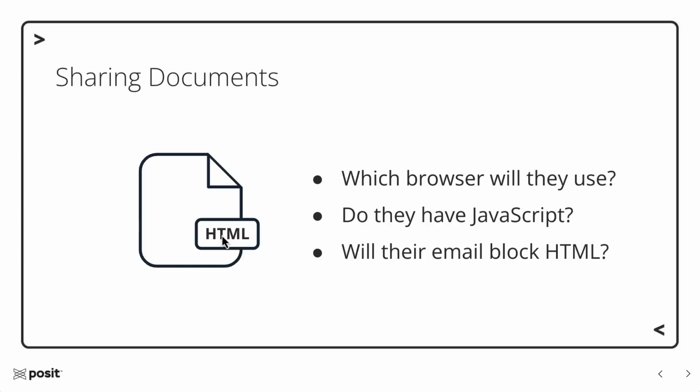Now, for a lot of these HTML formats, they require some system dependencies, such as JavaScript. So if they go to open an HTML document and they don't have JavaScript installed, will it render appropriately? We don't know. Also, if you go to try to email an HTML document to somebody, a lot of email clients will actually block emails that have HTML files as attachments. So that's something else you need to consider.